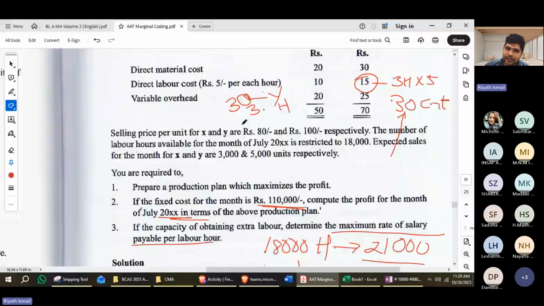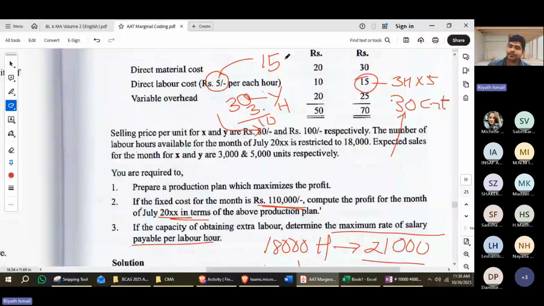How much can you pay? You can additionally pay 10, maximum 10. So already you pay 5 rupees and you can pay 10 per hour additional. Then you can go to a maximum of 15 rupees per labor hour.